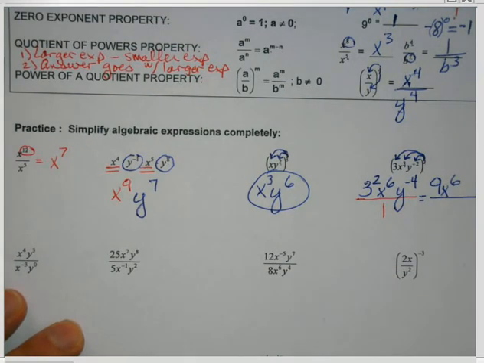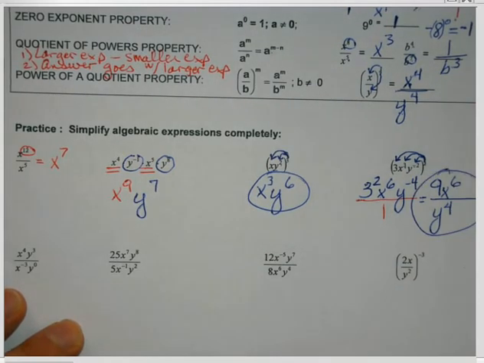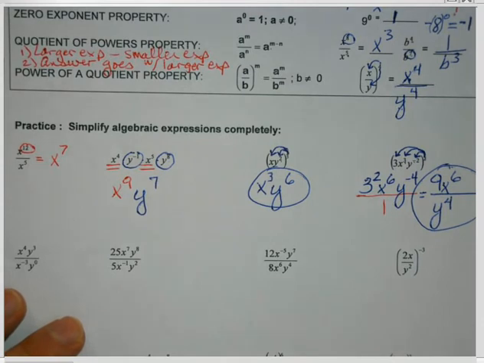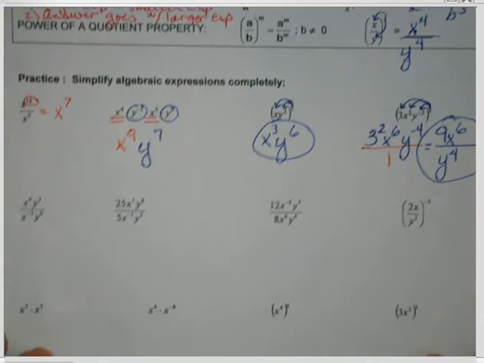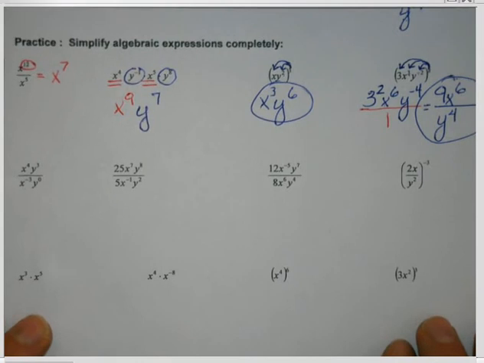Y to the 4th needs an attitude adjustment. Y to the negative 4th is going to get flipped down to the denominator where it gets a better attitude, and I'm done. And that's the kind of realm we're going to be dealing with on these. Several rules to work with, but it's just about getting things simplified.